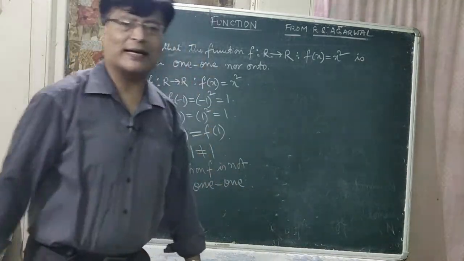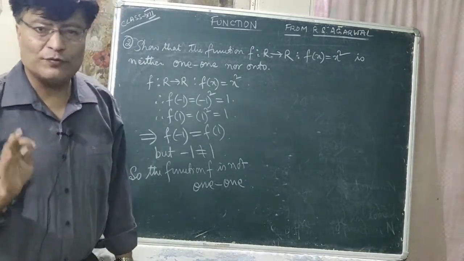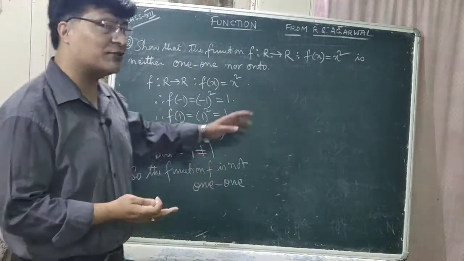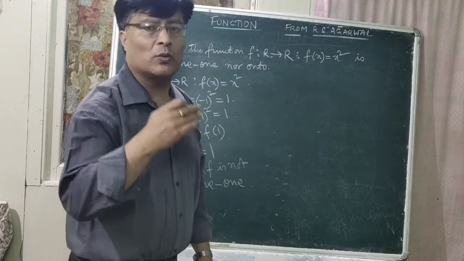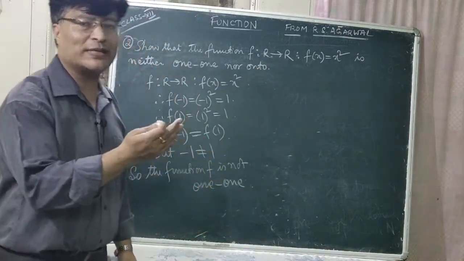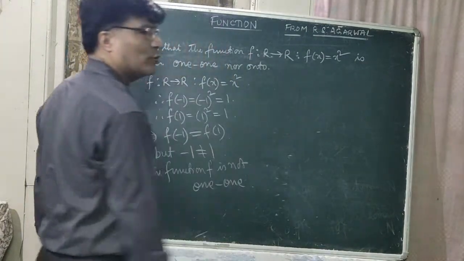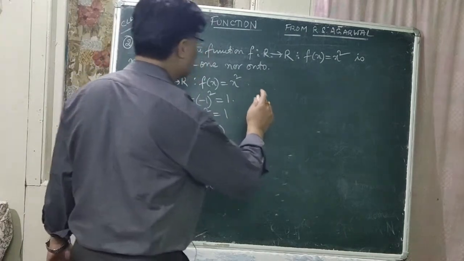So now we have to prove that it is not an onto function. That means there are some elements in the codomain R which don't have any pre-image in the domain R. Is that clear?